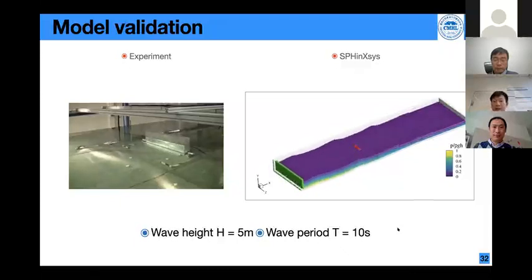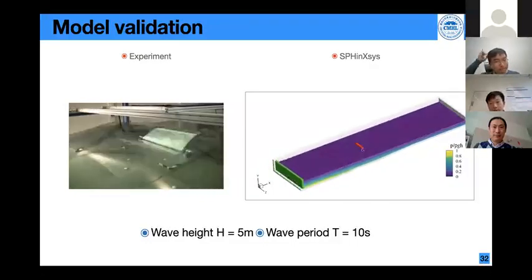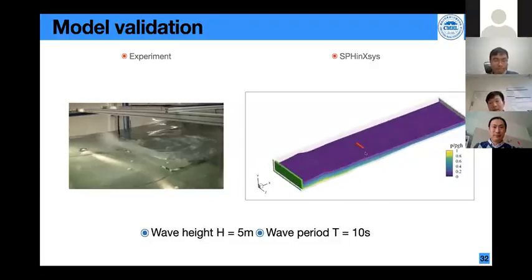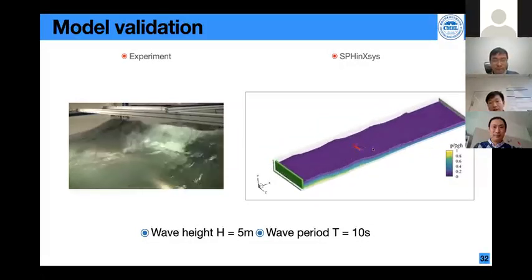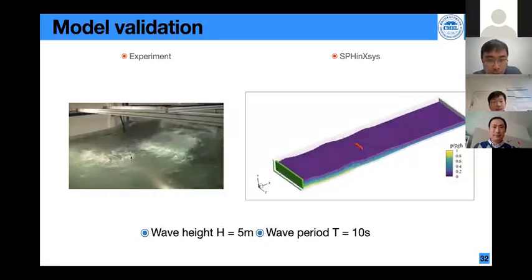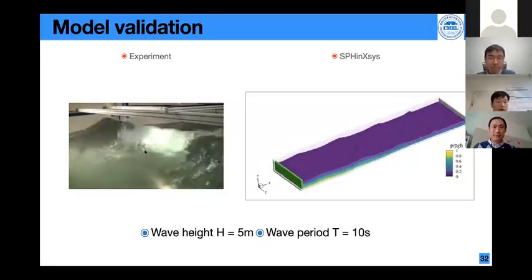So this is the movie of the simulation and also the experiment. As you can see here, when the wave is interacting with the flap, a very large rotational motion is produced in the simulation, and the present solver can accurately capture the motion of the flap. Meanwhile, the pressure field is very smooth, and this is the result of the experiment.